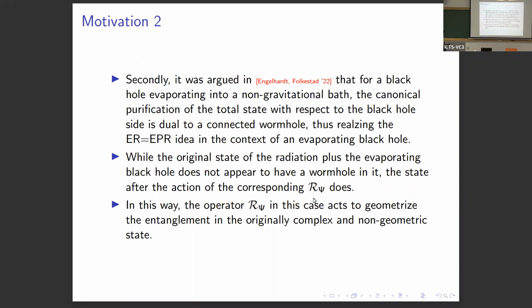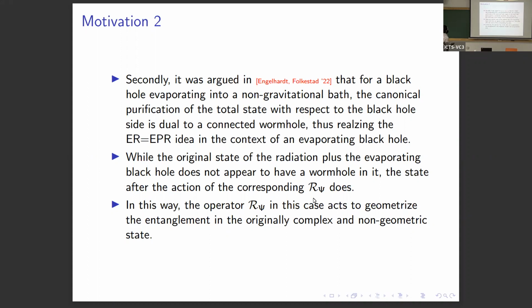Another motivation for studying the canonical purification comes from thinking about evaporating black holes. In a situation where you have an evaporating black hole, let's say past its Page time, there's a lot of entanglement between the black hole and the Hawking radiation, but this entanglement is not geometrized. In the sense of ER equals EPR, there's no spatial wormhole connecting the black hole with the radiation.